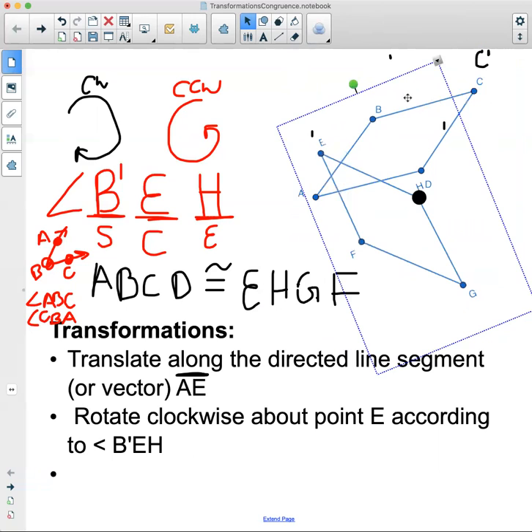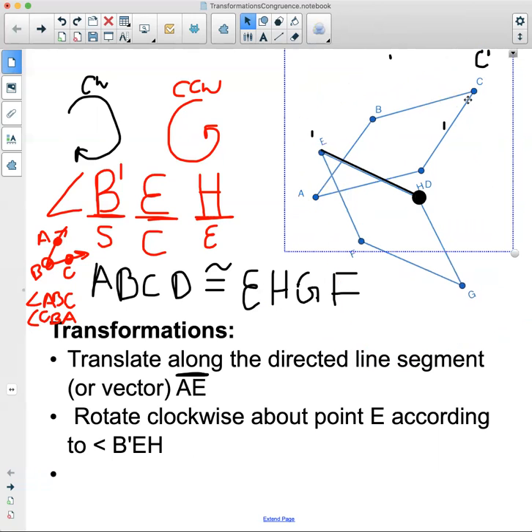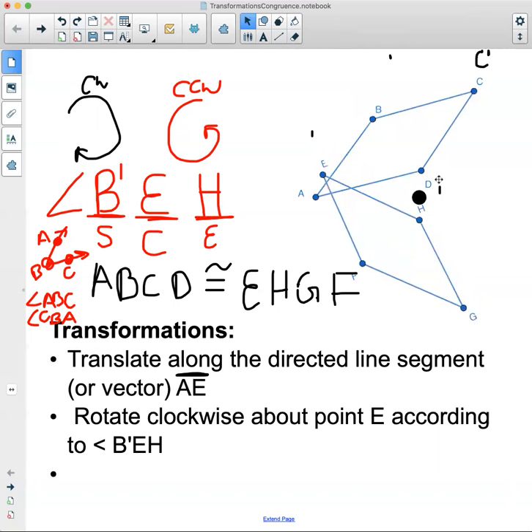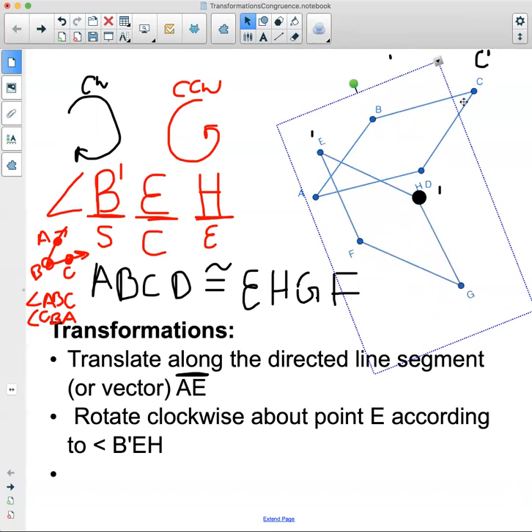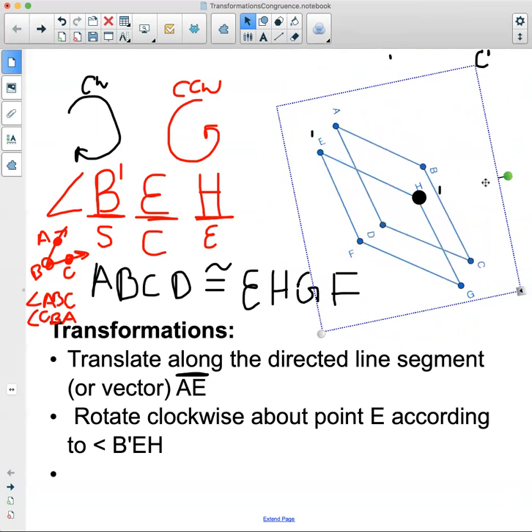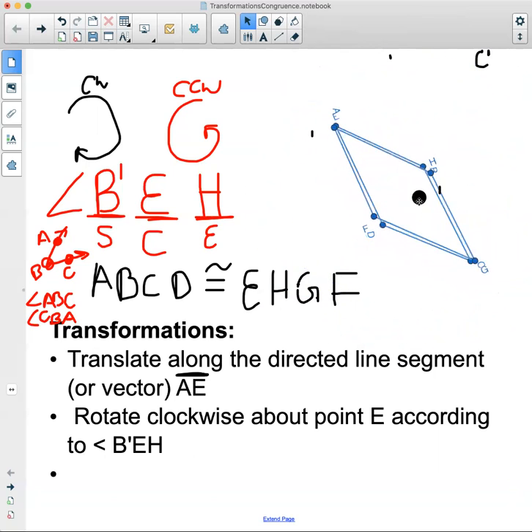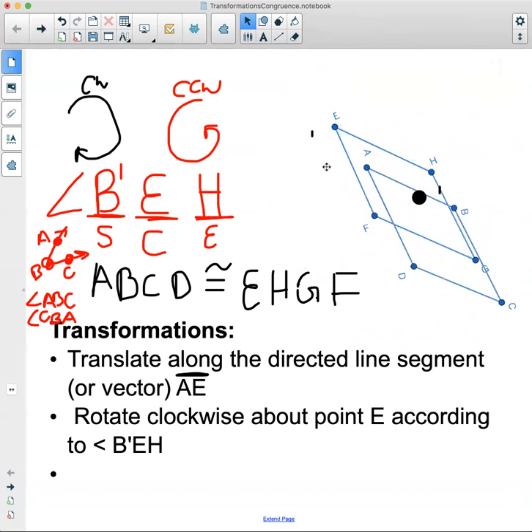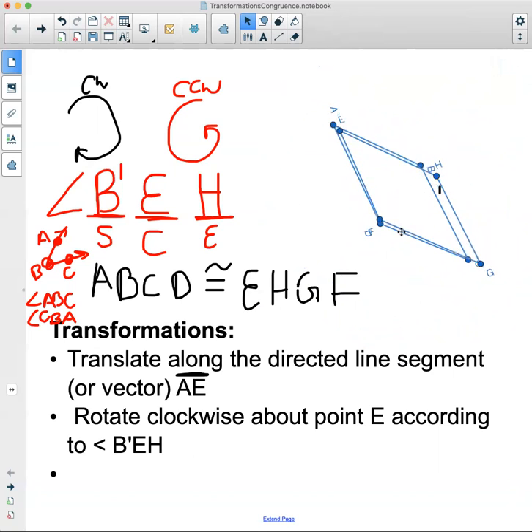When we're done with the rotation, one will more or less lay on top of the other. It's not perfect on the picture, but one is going to lay on top of the other, and that establishes that the shapes are congruent.